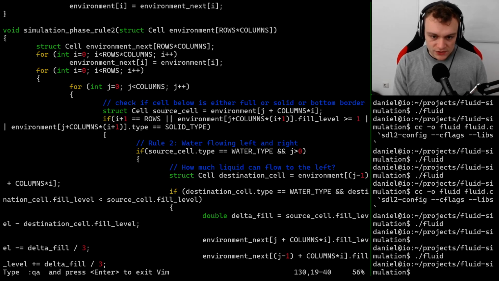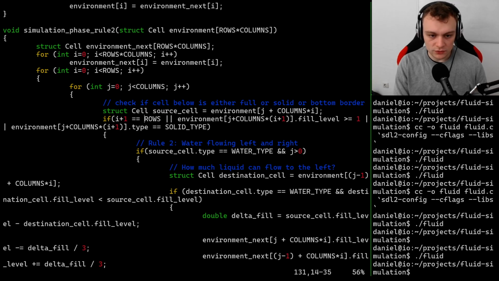So the source cell is this one, that is correct. If the next row is equal to the rows count, then we're dealing with the last row, so we have to separate out the fluid, that is correct.